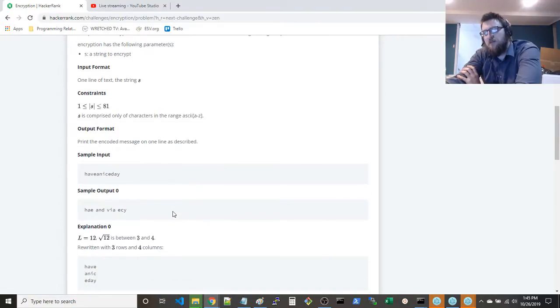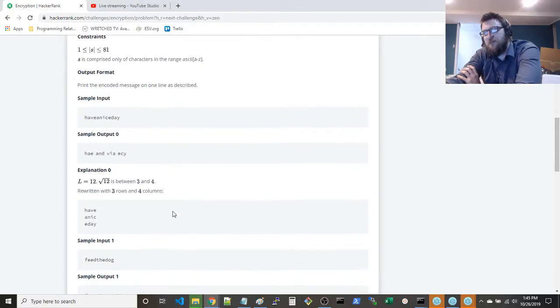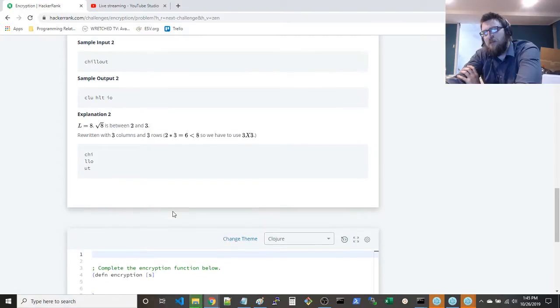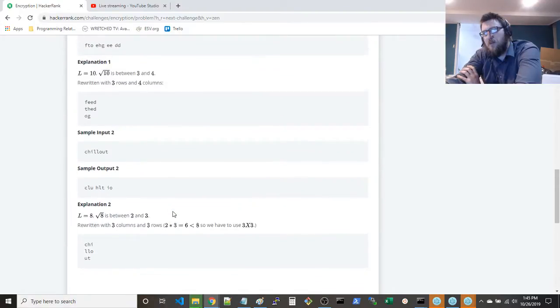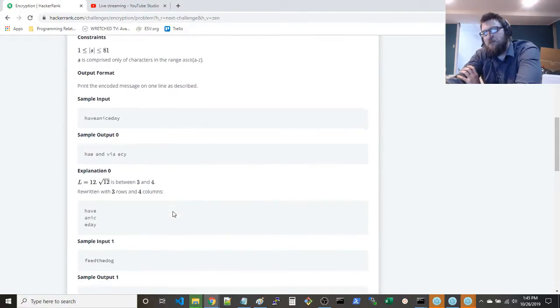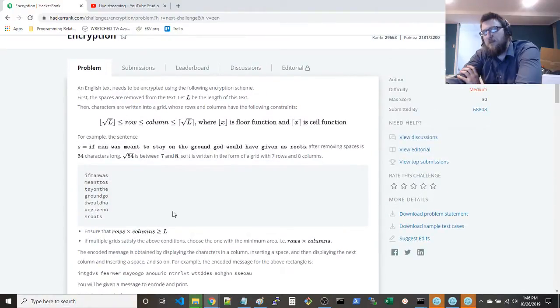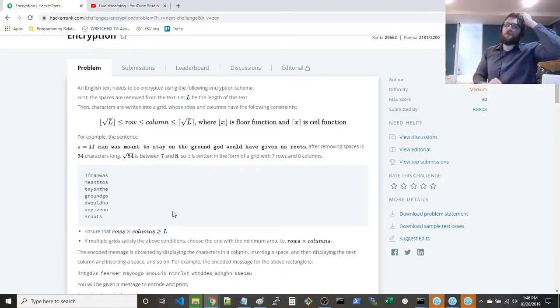Right. So okay, this is interesting. I'm kind of wondering. Yeah, interesting problem. This is the kind of problem you can code up very quickly, I think. This is kind of easy.